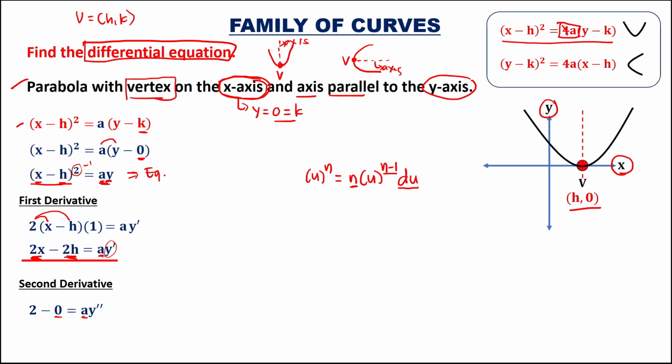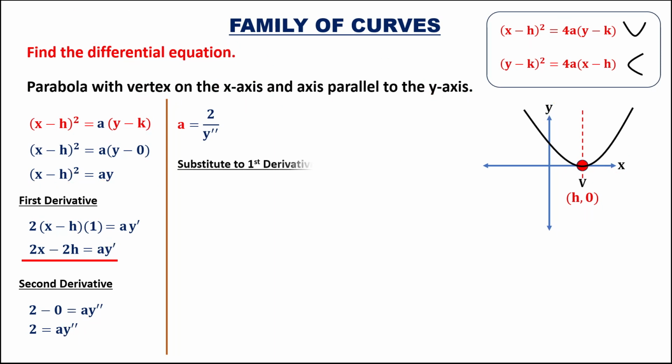Then to simplify, this becomes 2 equals a times y double prime. To solve for a, divide both sides by y double prime, so we have a equals 2 over y double prime.